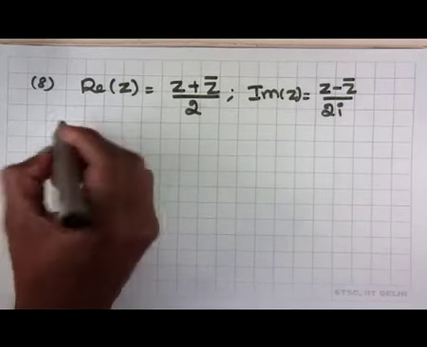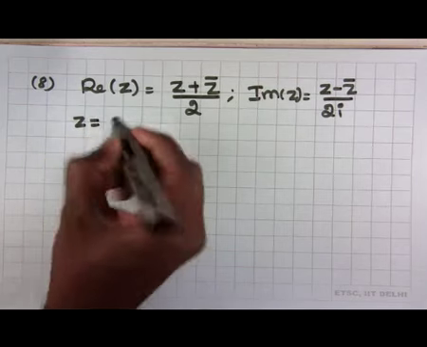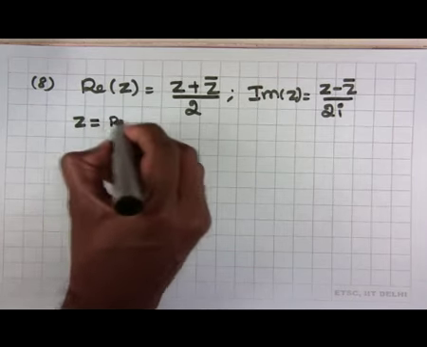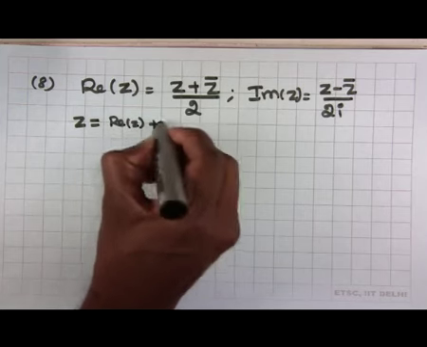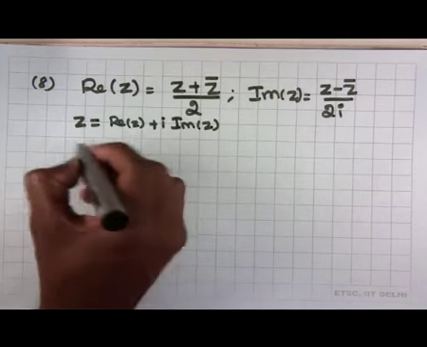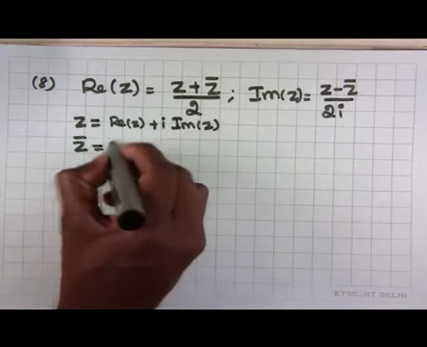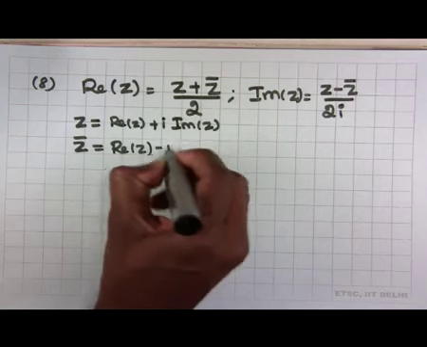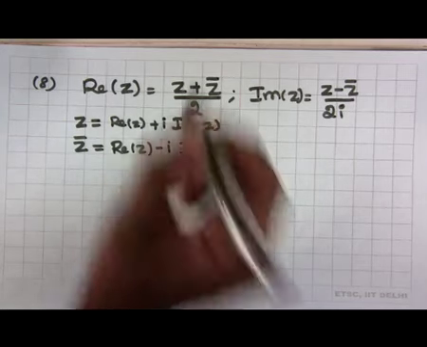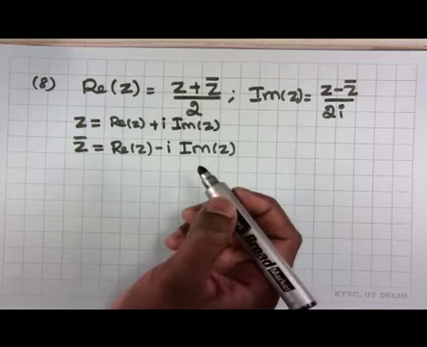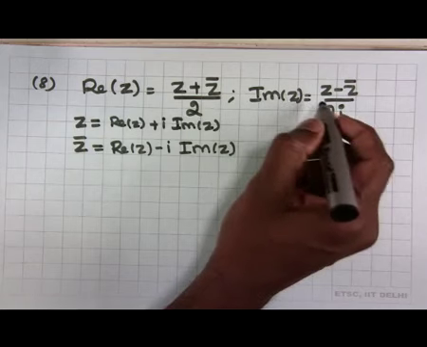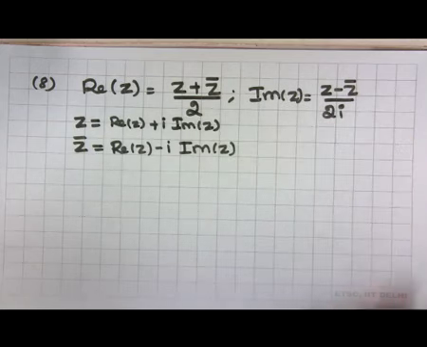It is merely the definition: if we consider z, this is nothing but the real part of z plus i times the imaginary part of z, and its conjugate is the real part of z minus i times the imaginary part of z. Now it is clear that the real part of z is z plus z bar by 2, and similarly the imaginary part of z is z minus z bar by 2i.